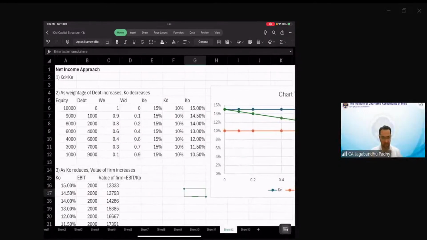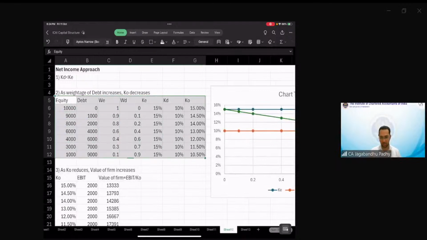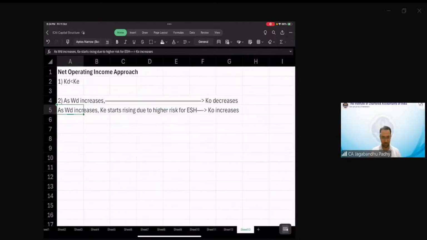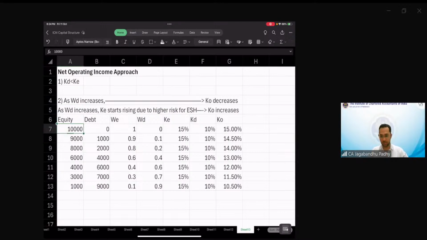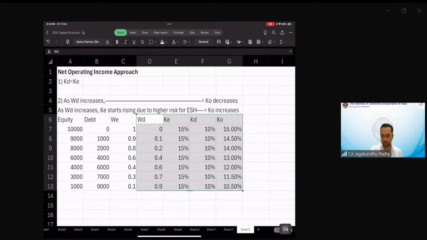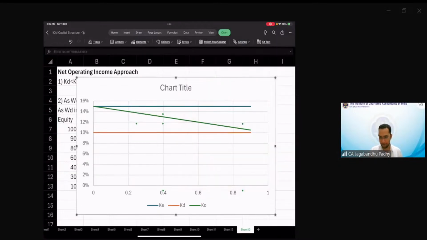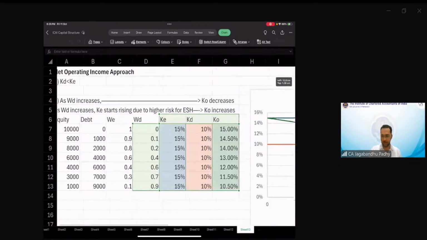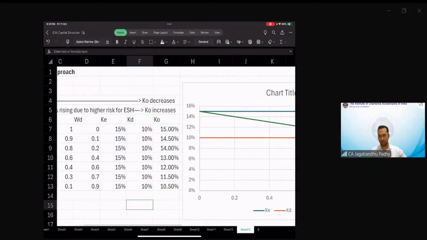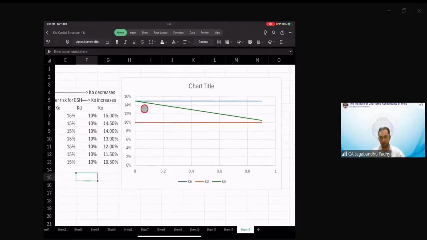So let me just take this chart again, which is the same table. We have observed that KO is remaining constant over here, right? So if I just draw a chart for us, this particular chart was representing where the green line was falling, because we assumed that cost of equity is constant.